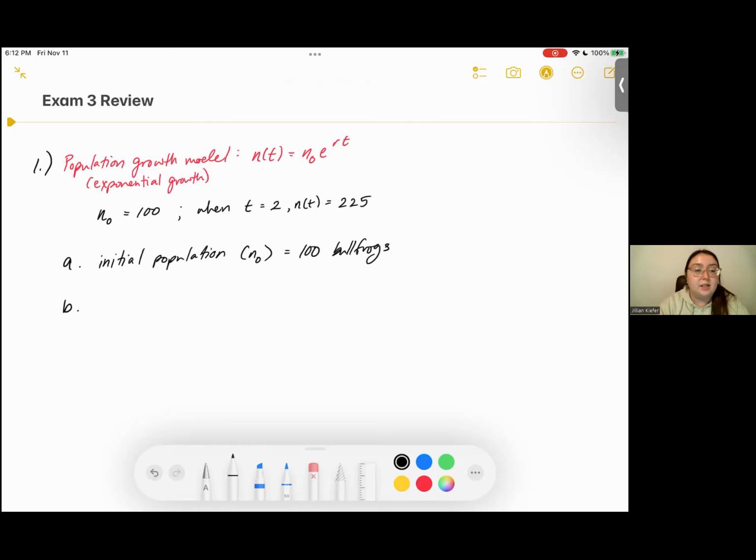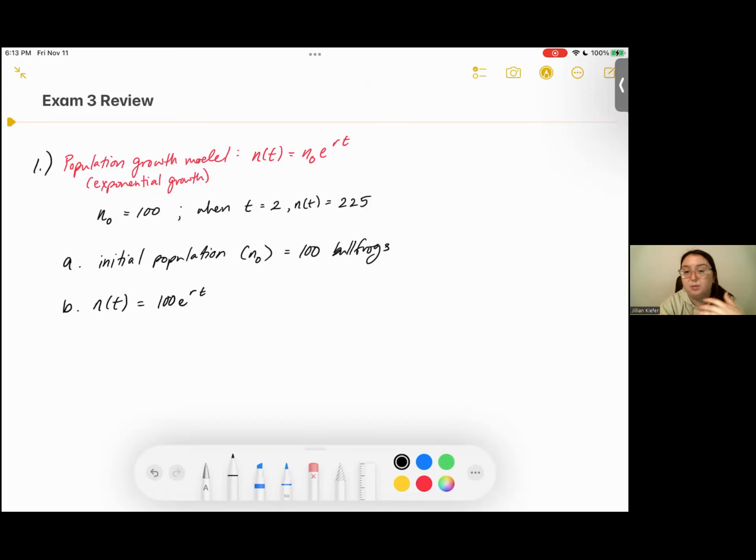All right. Then part B, we want to develop an equation of this situation. So N of t is equal to N naught, which we said was 100, times e to the power of r and t. If we want to develop an equation, we want to know at what specific time what the population is going to be.